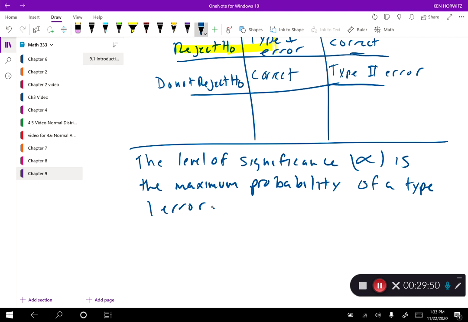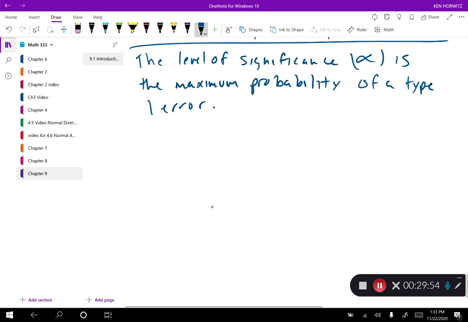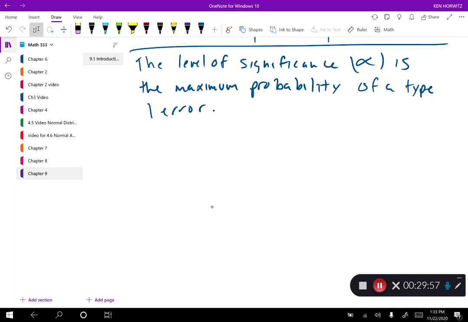So we denote the type 1 error with an alpha. All right. Now, how do we denote the type 2 error? Right.